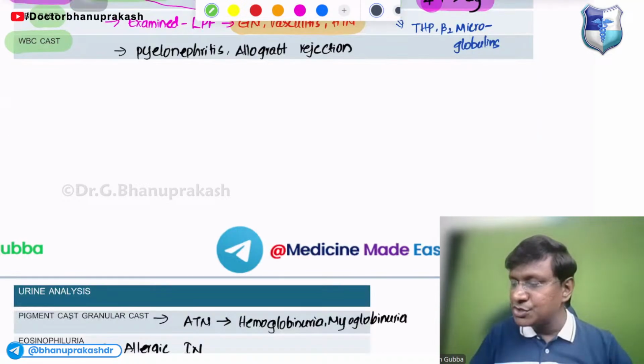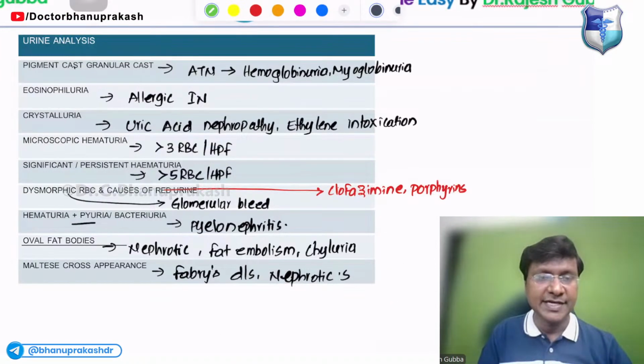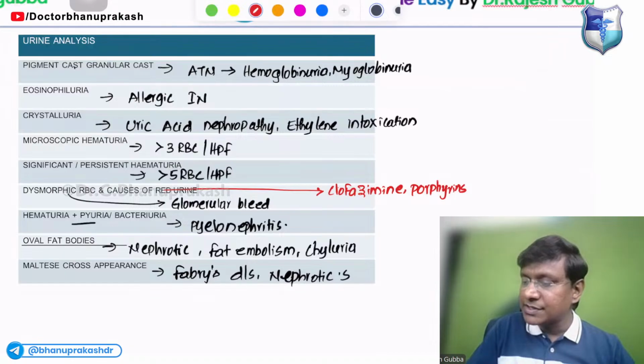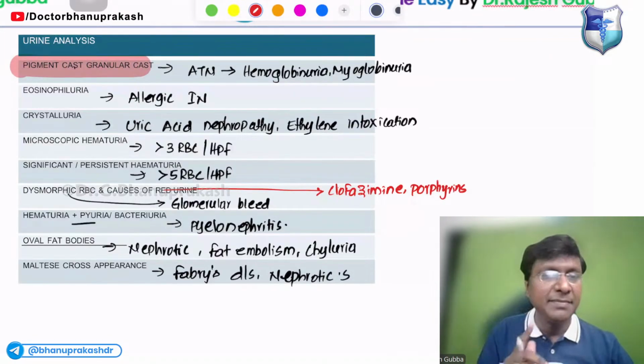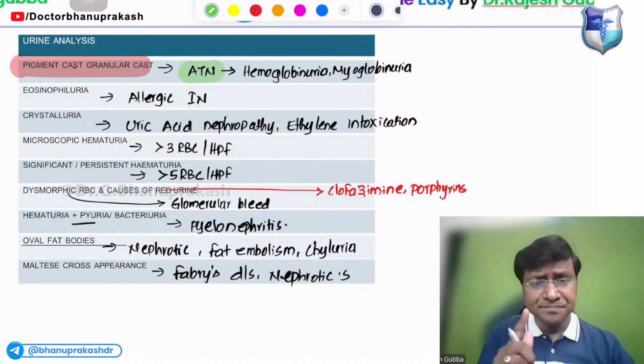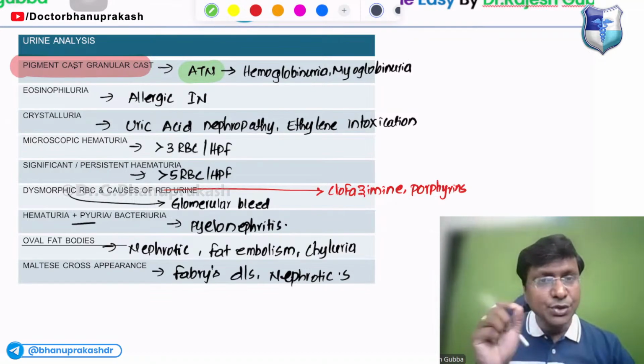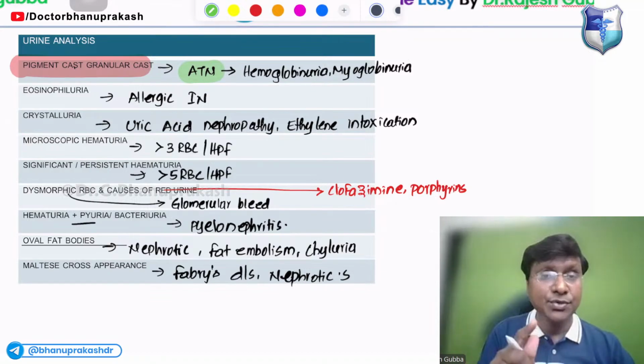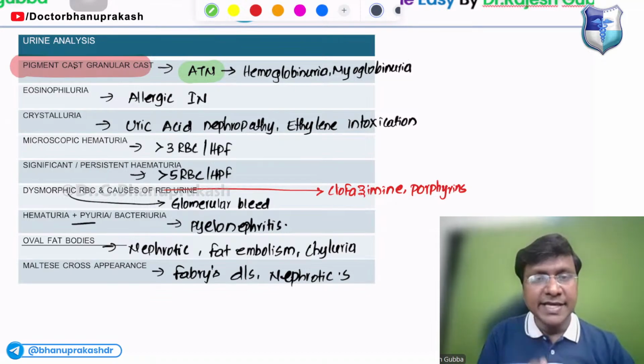The next important one is the pigment cast or granular cast, observed in conditions like acute tubular necrosis, which is caused by hemoglobinuria and myoglobinuria.